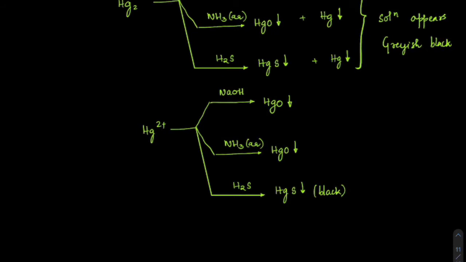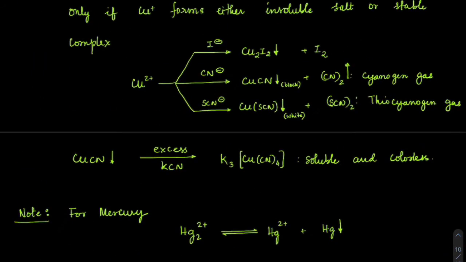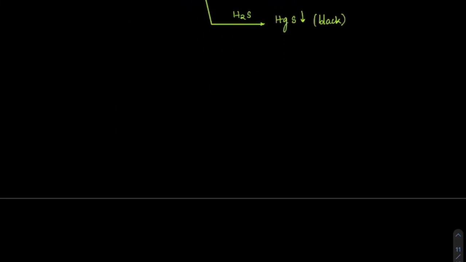Okay. So this is about the oxidation state of copper and mercury, which is important for exams. Next is, uh, stability of higher oxidation states. So normally we so far checked out for low oxidation state, which is +1, +2.